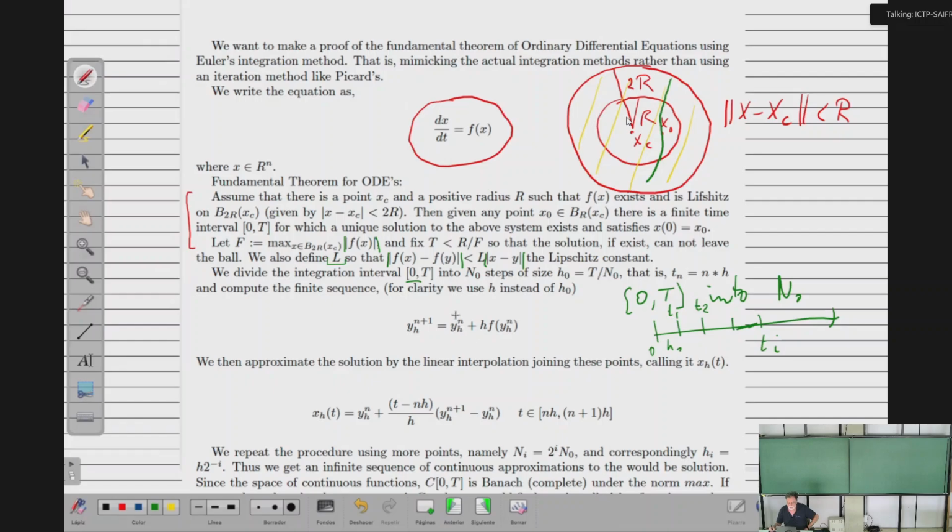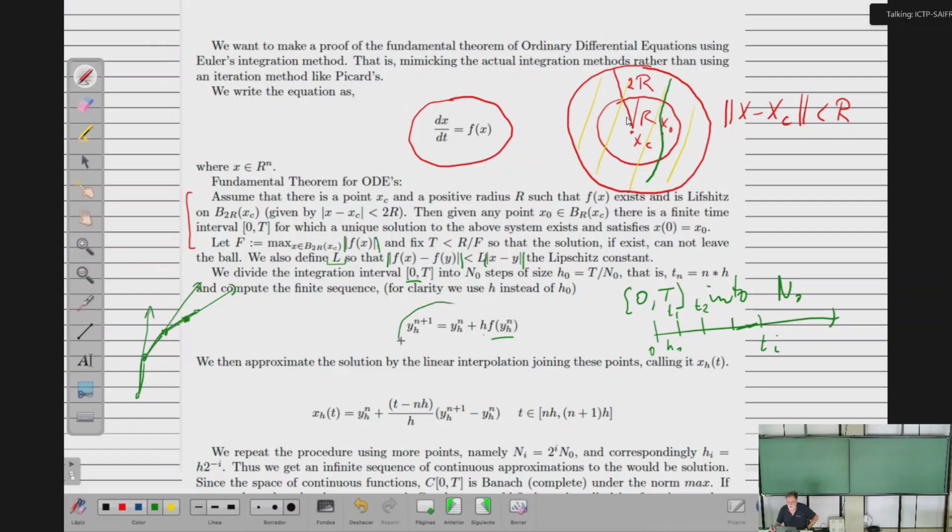And we compute the finite sequence of points using Euler's approximation. So each point is the previous one plus h times the value of the vector field. You start here at x0 and then you go along the vector field. If this is the vector field, you move some delta h, which is usually small, in this direction.